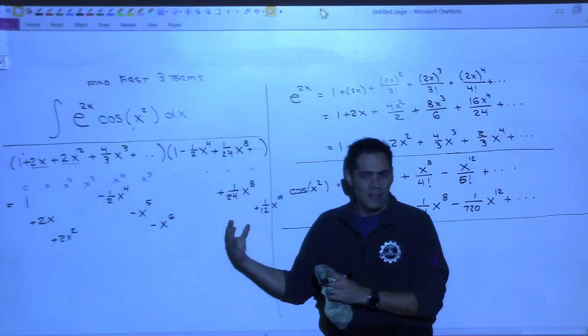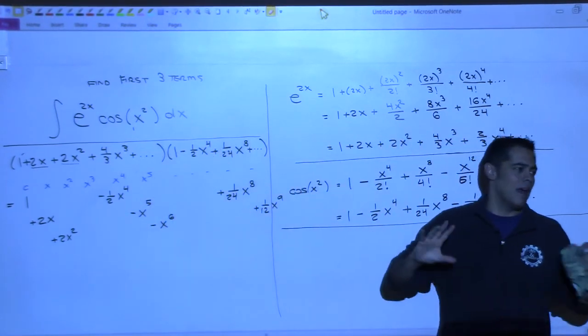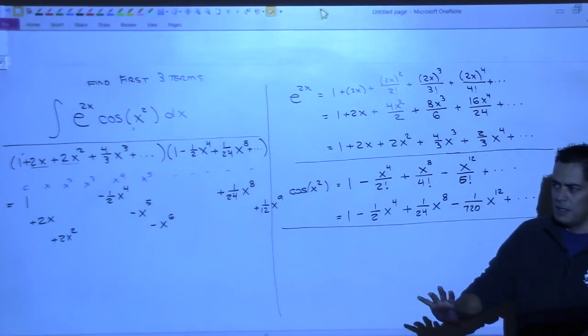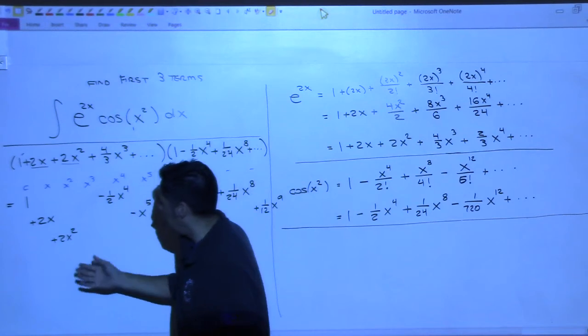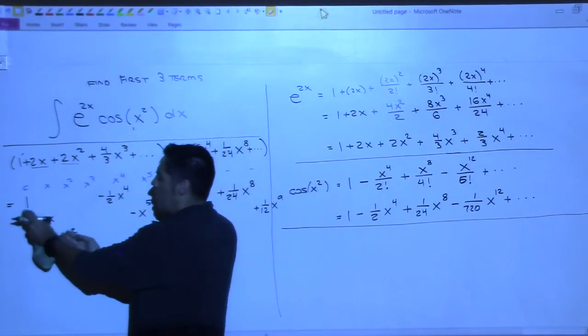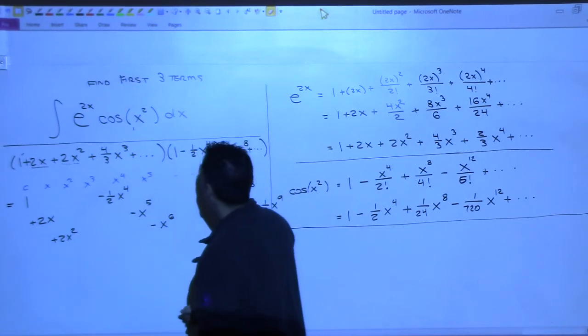Do y'all get that? Now, if I ask for the first 8 terms, then yeah, you would need to keep going out. I'm not going to do that. But you get the idea that I'm just interested in these first 3. So I just need to make sure that as I continue through here, I'm not going to get anything else over here. Okay? So let's see what happens.